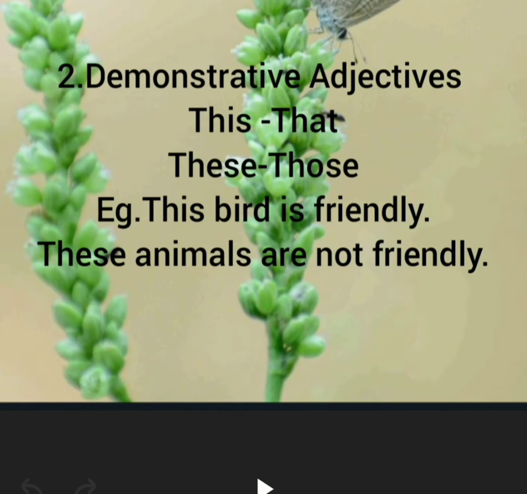If these animals are standing very near to me, we can say these animals are not friendly. So by using these demonstrative adjectives, we can demonstrate the things, animals, persons, etc. By using this, that, these, those, we can frame sentences with demonstrative adjectives.